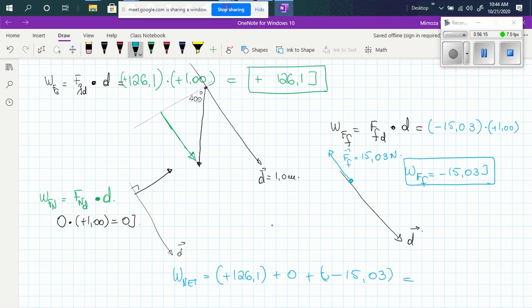So 126.1 minus 15.03 equals to positive 111.07 joules. You can check it by saying what is force net times displacement. I bet your force net will be 111.07 newtons. Is this clear?